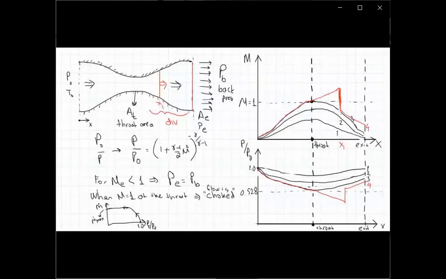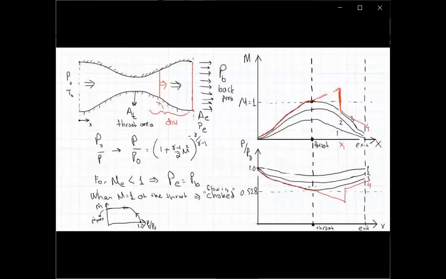So the flow is choked, so the upstream conditions again will not change. So I'm again trying to follow the same line. Okay, and then basically this line, or this line, eraser, correct this.